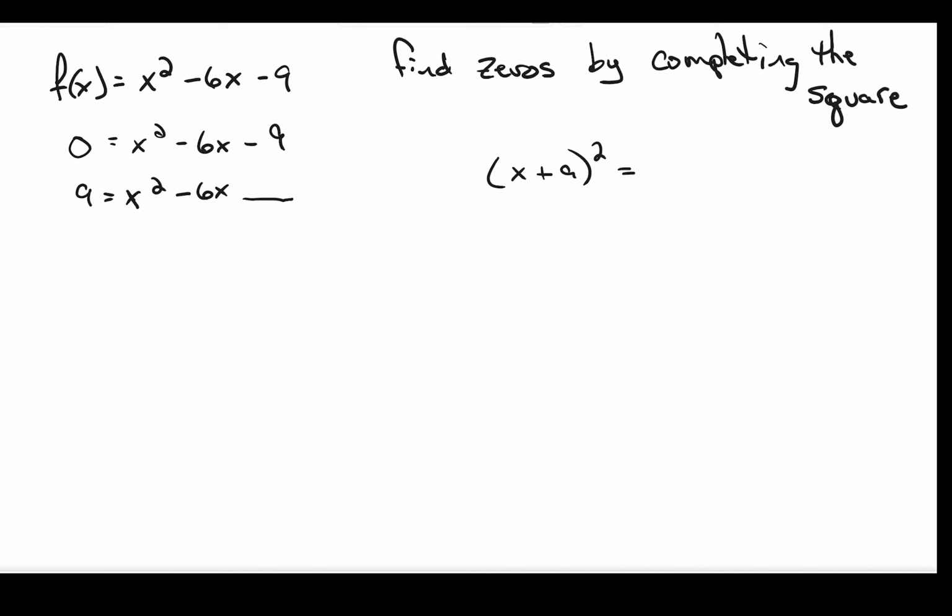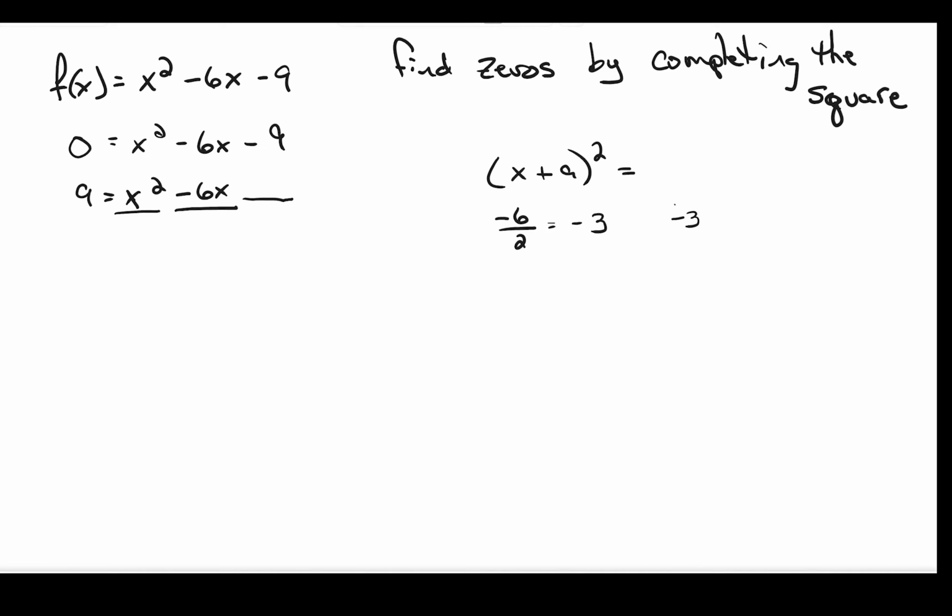To do that, since our coefficient of x squared is 1, the implied number in front of the x squared, since the only number we could multiply by x squared and still get x squared is 1, we only need to take half of the b term, the coefficient of x, the negative 6, and square it. So half of negative 6, or negative 6 divided by 2, is negative 3.